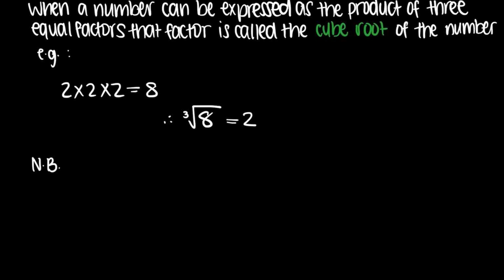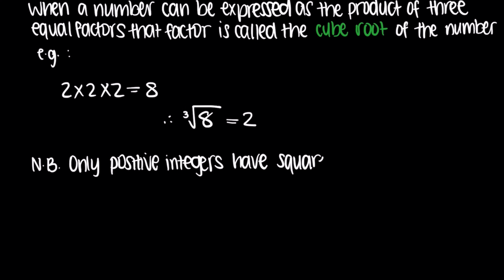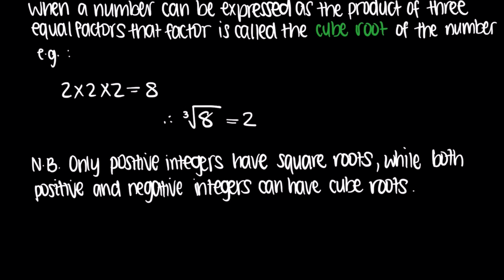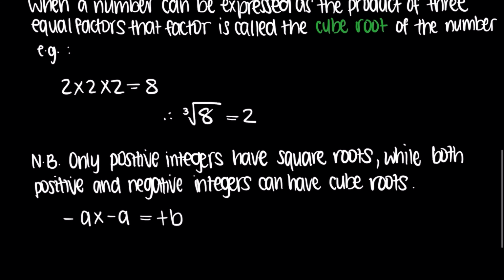Note well, only positive integers have square roots, while both positive and negative integers can have cube roots. Let me show you why. Imagine we have the numbers negative a multiplied by negative a, where negative a represents any negative number. The answer will always be positive, since the product of two negative integers equals a positive number.